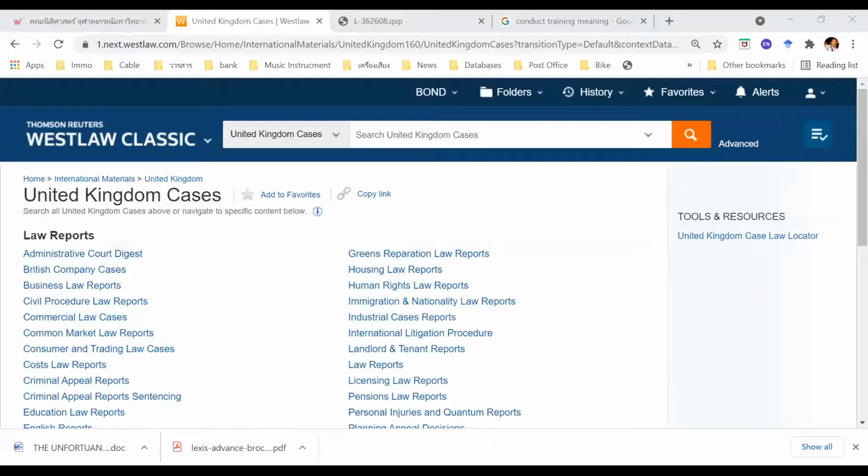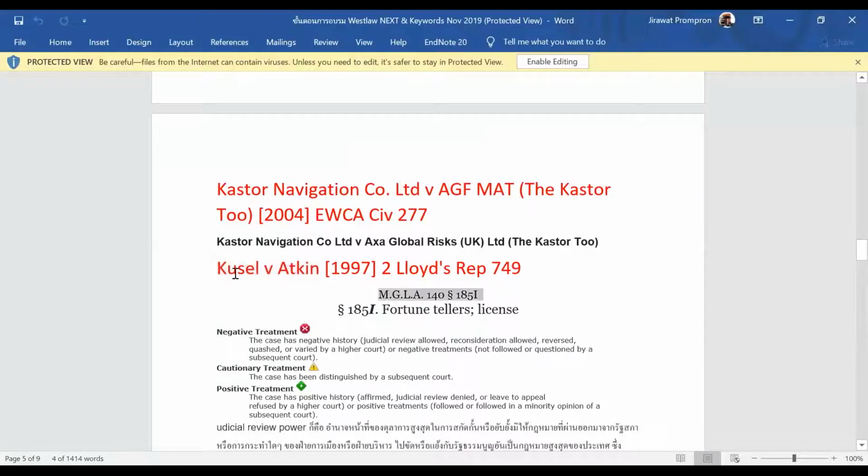Some universities give me just the citation, the document and report numbers. I just copy this, the body names.